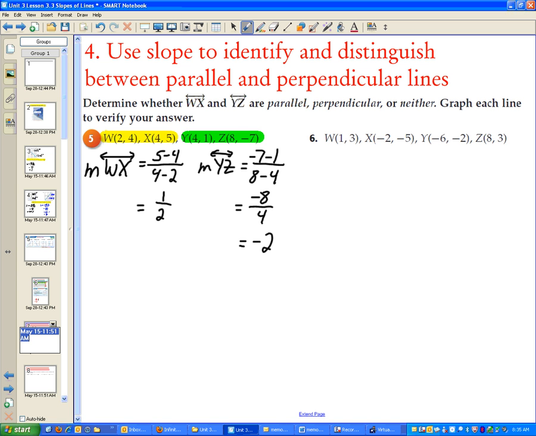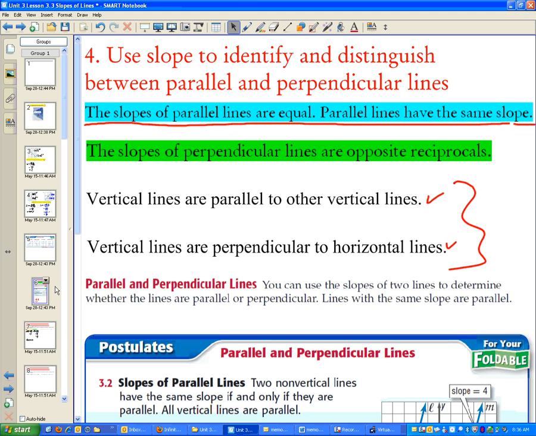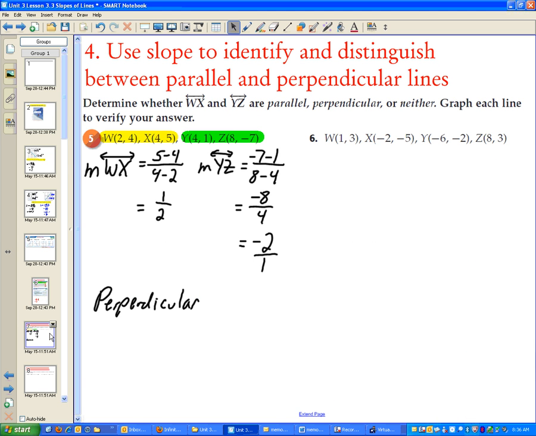Or it might be better if I think of that as -2 over 1. You don't have to write it as -2 over 1. All right. Are these slopes equal? No. So the lines are not parallel. Are these slopes opposite reciprocals? Yes. So the lines are perpendicular. You see what to do?